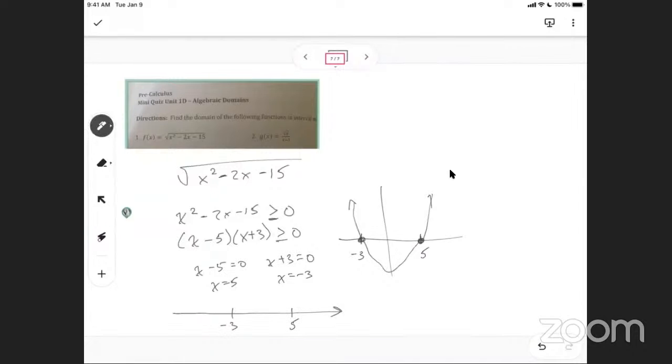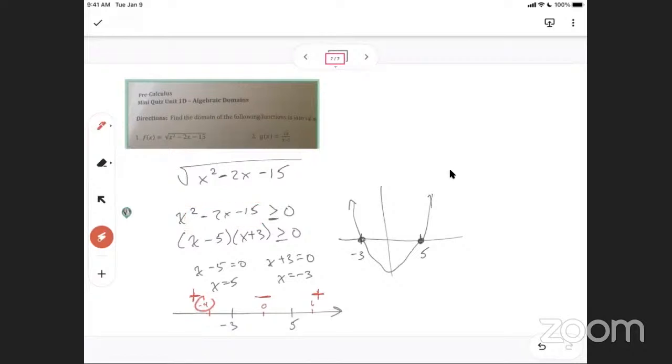Pick any number over here, like -4, pick any number in here, like 0, and pick any number over here, like 6, and see if those signs are positive or negative. You'll find that this is positive over here, negative in here, and positive in here after you plug these values into the function.